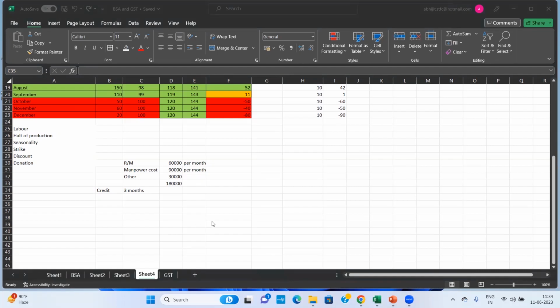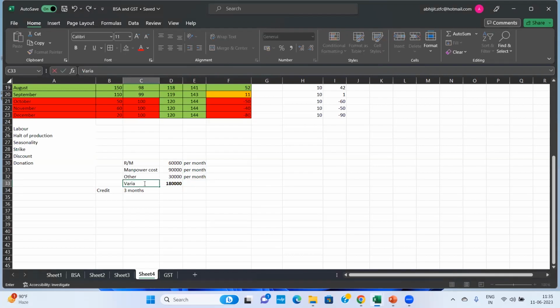Consider you are not getting anything on credit. So my question is, these are my variable expenses per month, right? And I have to give credit in the market for 3 months. Yes, Yashwant, you are correct. So we have to keep a working capital of 3 months.